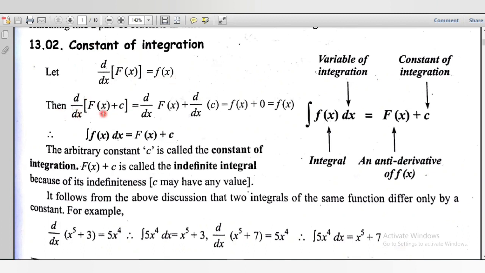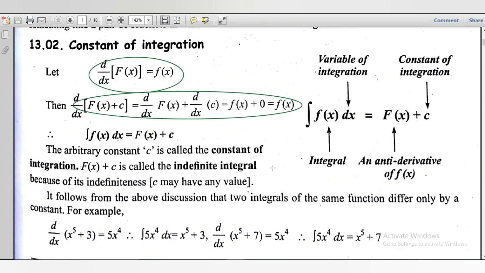Then the derivative of capital F of x plus c, where c is a constant, also gives f of x. Here also f of x, here also f of x, and the derivative of F of x plus c is also f of x.